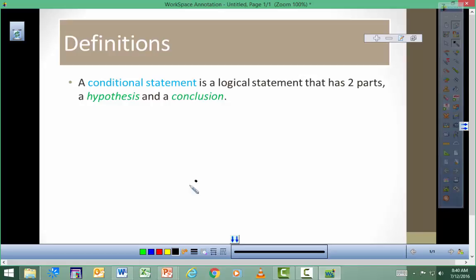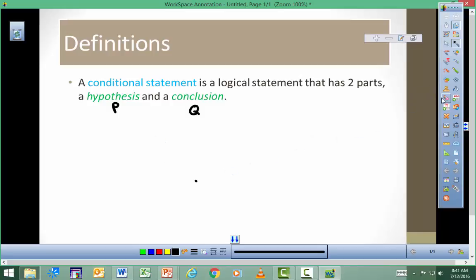So for example, for a hypothesis, we'll use the letter P and for the conclusion, the letter Q. Logically, we're going to explain what a converse is and what an inverse is, what the contrapositive is, and we want to be able to write all of these. And it will be a lot easier if I just explain how to do it in terms of P's and Q's. You'll see this later on. So anyhow, the hypothesis will refer to P, the conclusion will refer to Q.